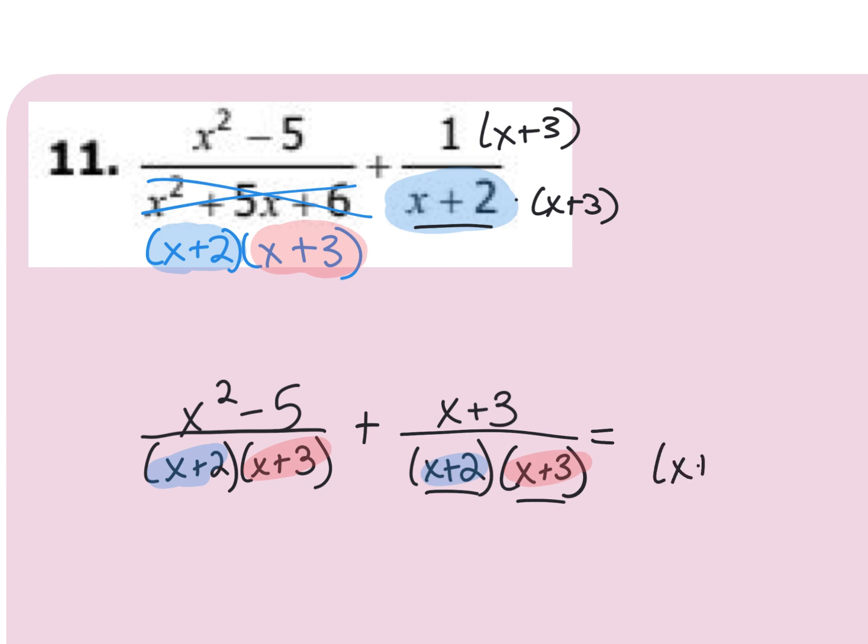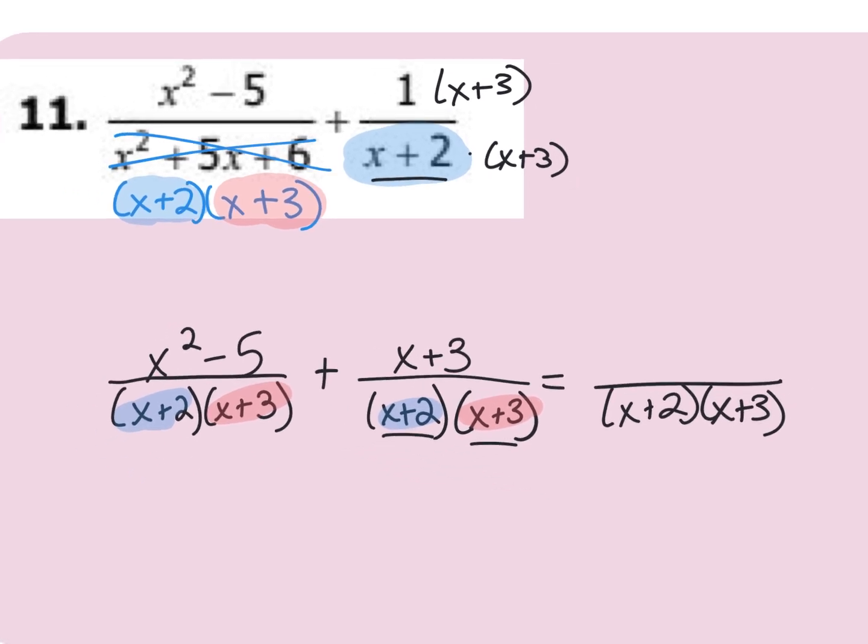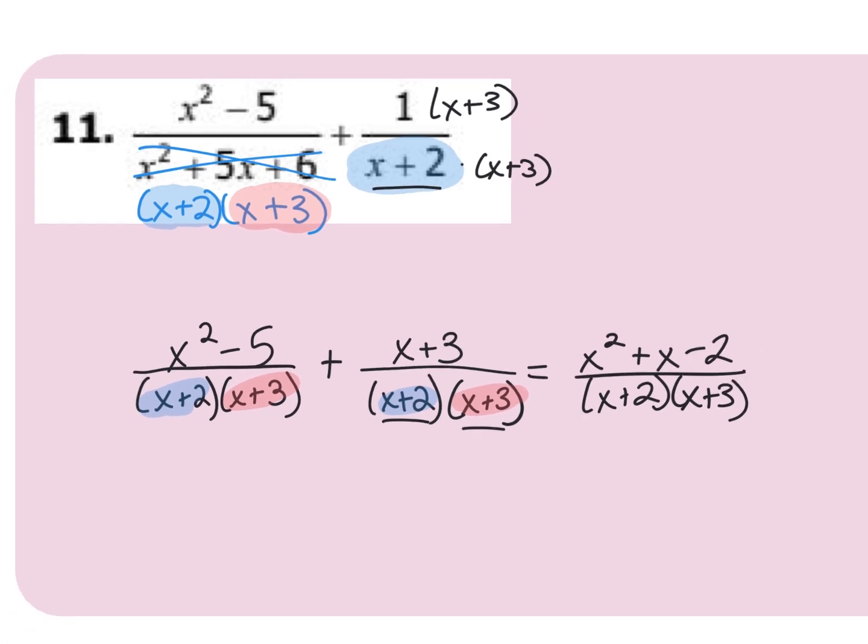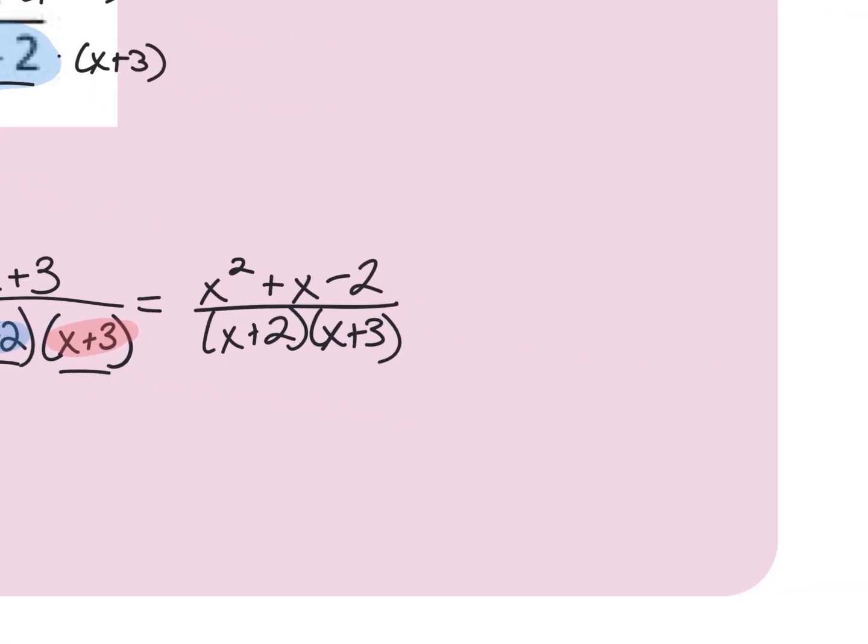Now we have the same denominator. We love to see it. And we're adding straight across. So we're combining like terms if we have them. Looks like we have x squared. That doesn't have any like terms. We have an x, no like terms. And then -5 and 3 are like terms. -5 plus 3 is -2. And then just like the previous problem, factor, factor, factor everything. So the bottom is already factored for me.